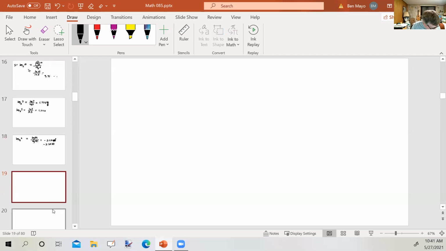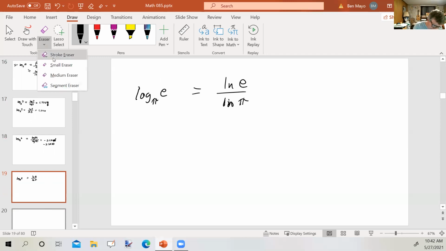How about this one? The log base pi of e. So that would be the natural log of e over the natural log of pi. And again, I could have used base 10. I just chose to use base e for this example.